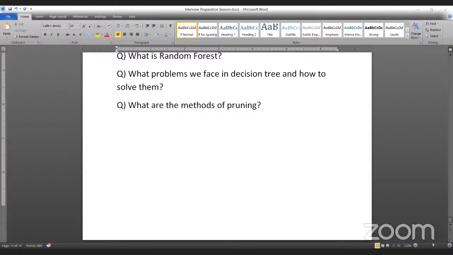So what happens is we do backward pruning. So we calculate from backward, and whichever node or whichever branch we don't need, we just prune it. We just cut it out, and doing this, we find that we get better accuracy in our output.